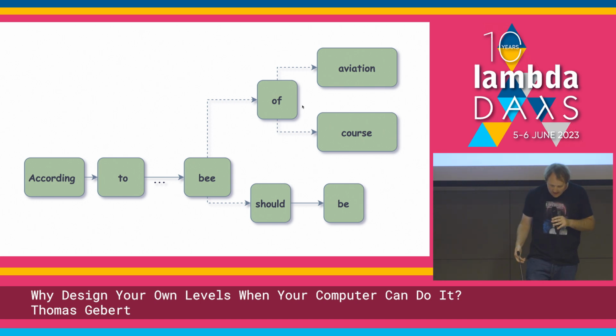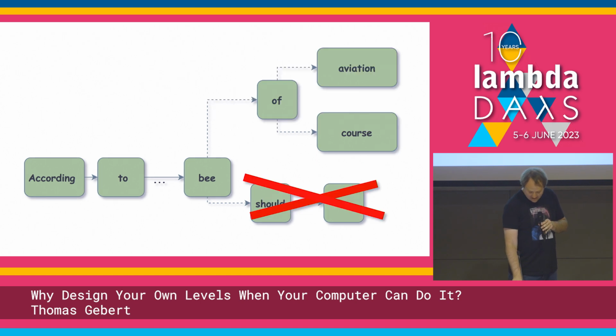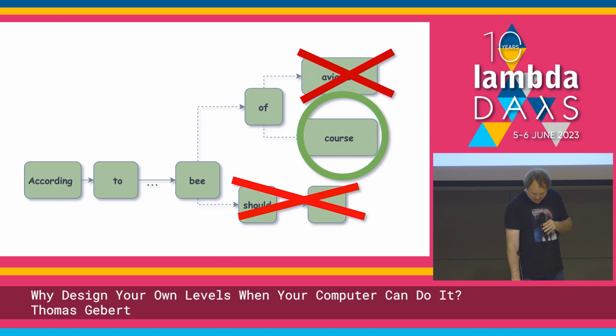These exist in a state of superposition, a quantum superposition where they both exist at the same time until we collapse it in some way. Say we choose the of path, so we've collapsed that way. Then we maybe choose course, and that trashes aviation. So this is effectively a lazy data structure at that point.